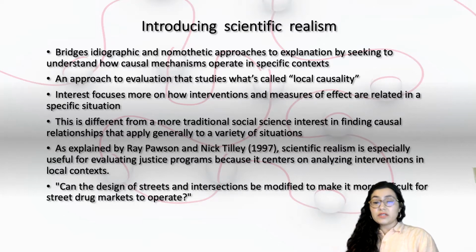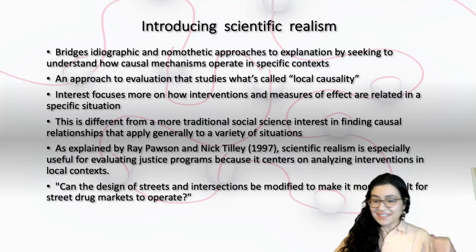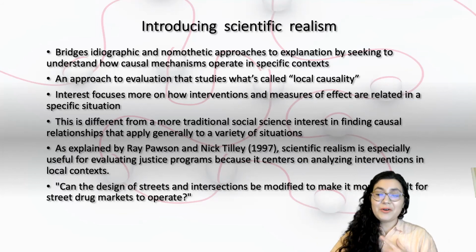So it is an alternative, but I wouldn't say you see it a lot too much in criminal justice application, although there are some people who do it. So this is sort of like an alternative to what we see as the gold standard of being able to define crime as experiments and quasi-experimental designs, which will be the next lecture. So hope you enjoyed this primer.